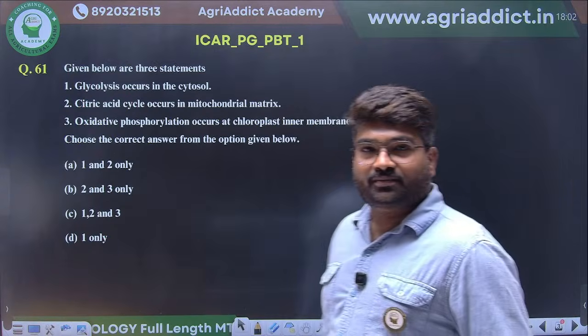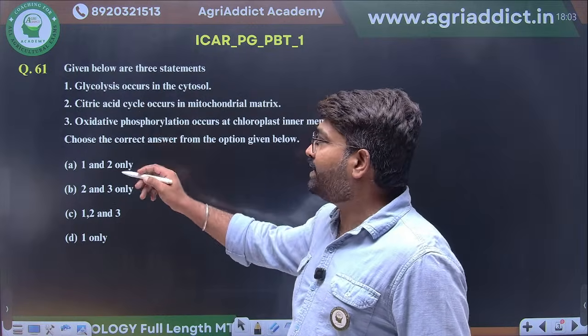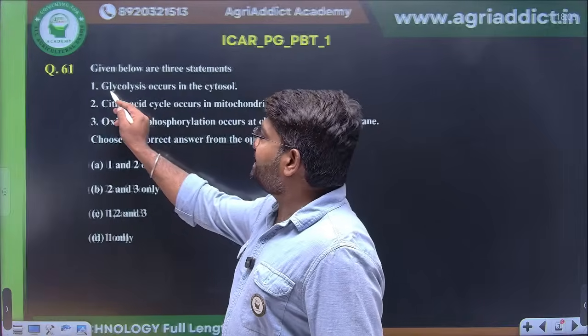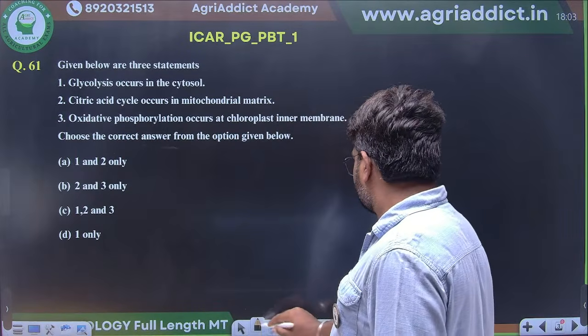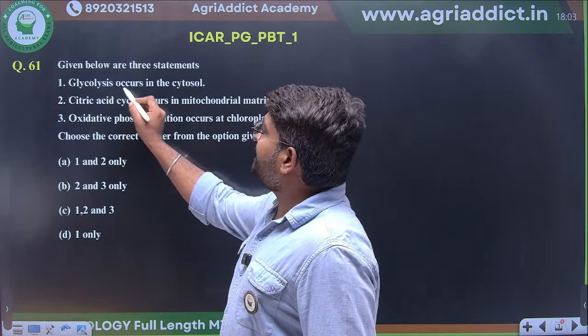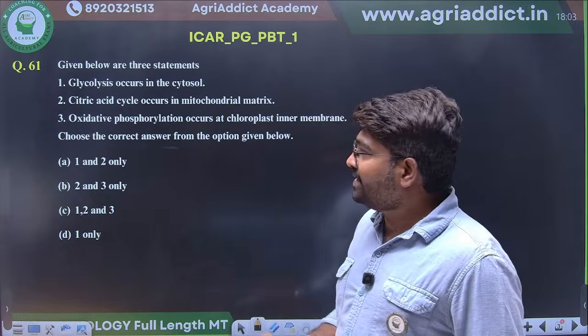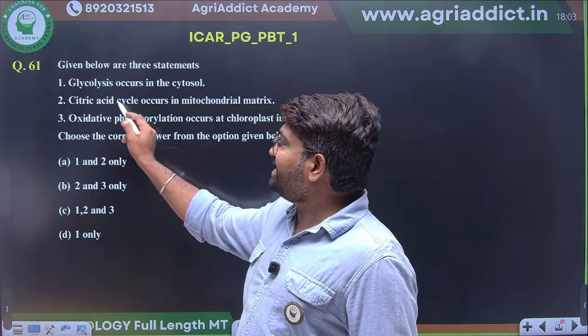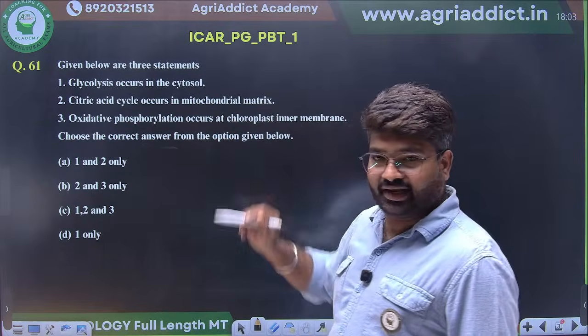First question. Listen and read the question properly. The first statement is glycolysis occurs in cytosol. The second statement is citric acid cycle occurs in mitochondrial matrix.